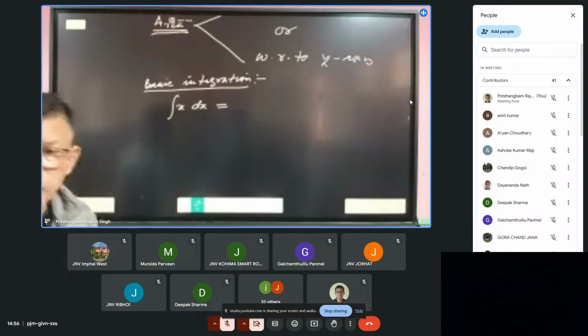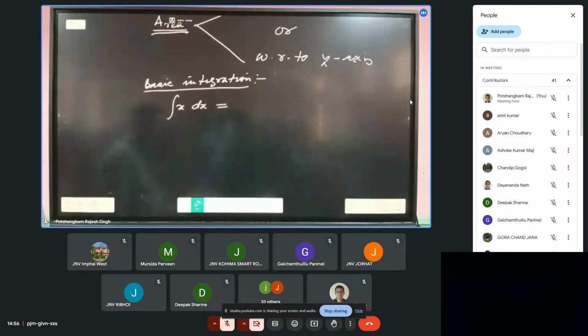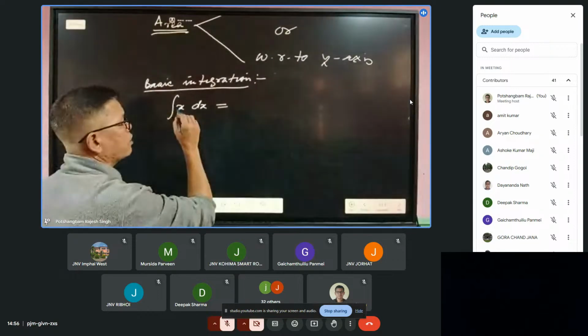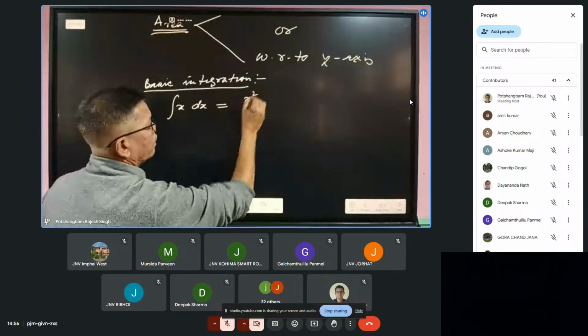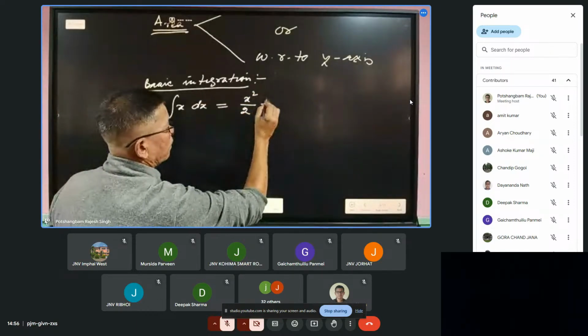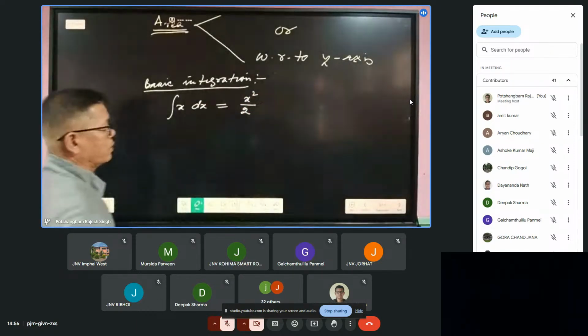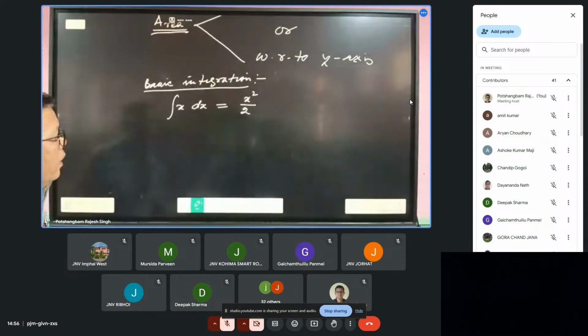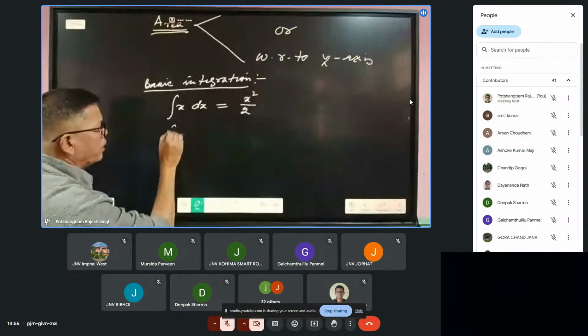Do you know the integration of x? The integration of x is x squared by 2. The plus c is not required in this case. And then instead of x, it is like this.